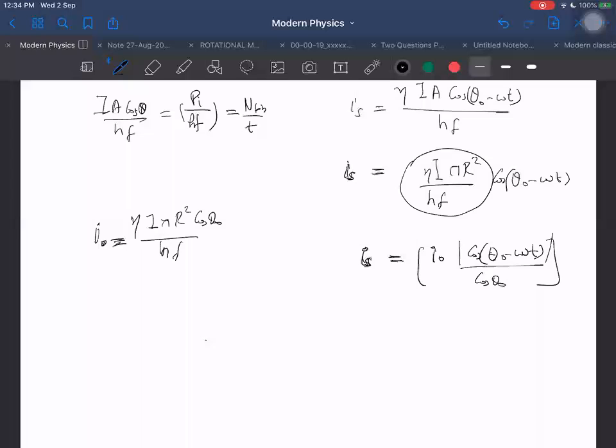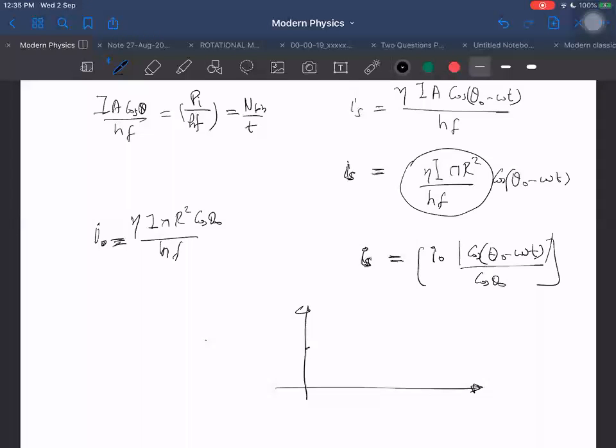That is the answer at last. So how to plot the graph? It will be a cos graph. Starting at t equal to 0, we get I naught. After that, is it decreasing or increasing? Increasing.